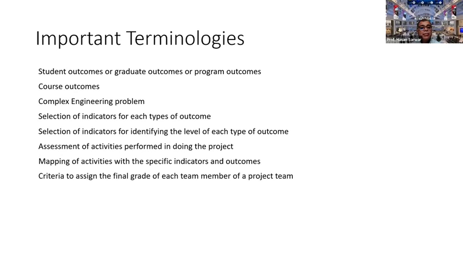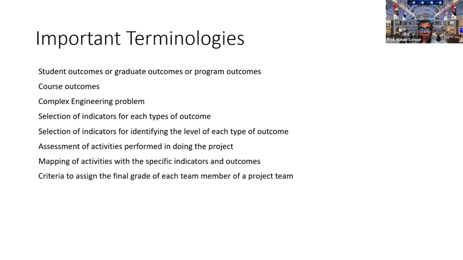Now, there are some important terminologies that we should consider, like student outcomes or graduate outcomes or program outcomes, course outcomes, complex engineering problem, selection of indicators for each type of outcome, selection of indicators for identifying the level of each type of outcome, assessment of activities performed in doing a project, mapping the activities with the specific indicators and outcomes, criteria to assign the final grade of each team member of a project team.